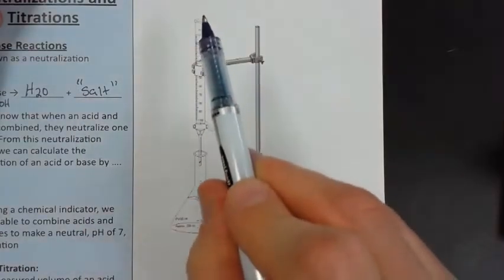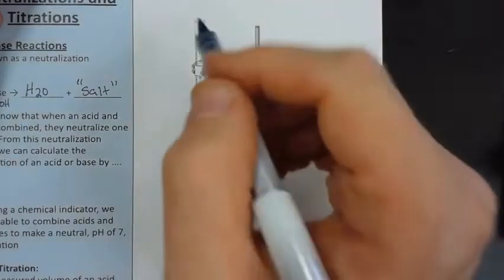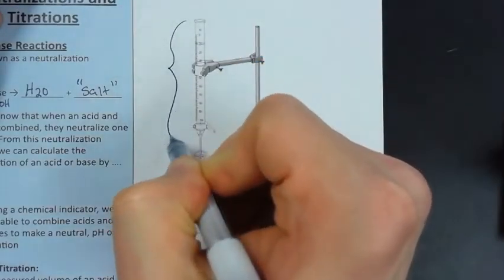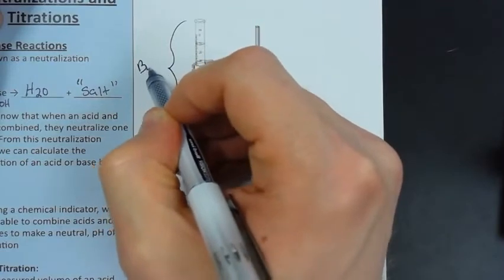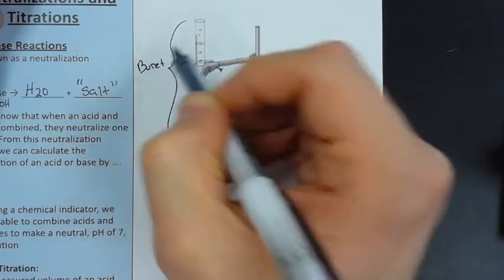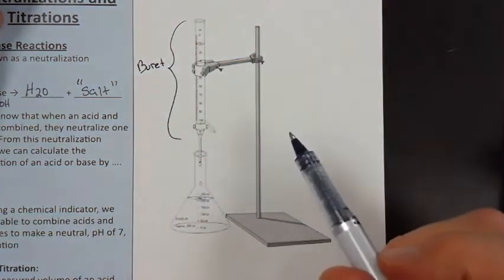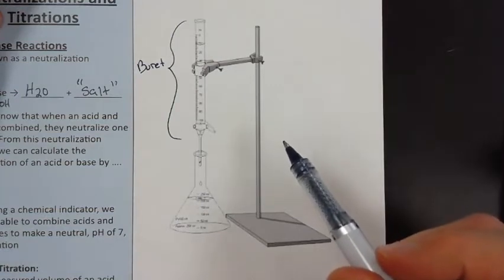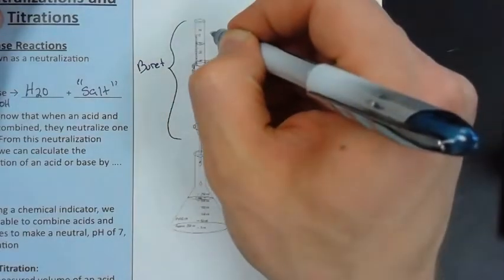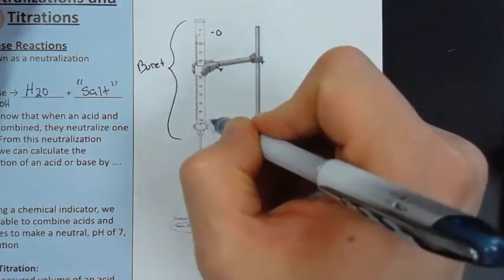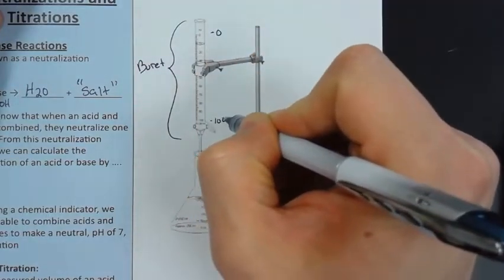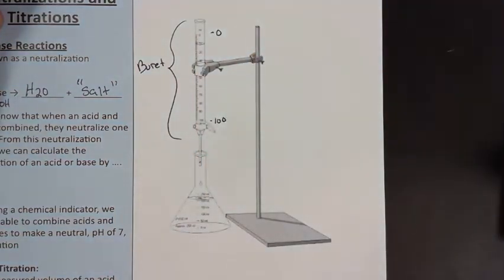All right, this long, tall piece of glassware is referred to as a burette. It's kind of hard to see in this image, but a burette actually starts up here at 0, and for this one, it ends down here at 100, which seems kind of opposite to what you might think.